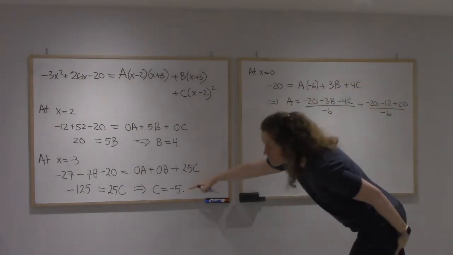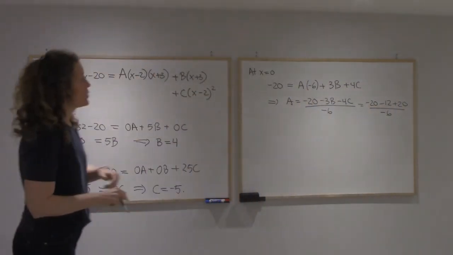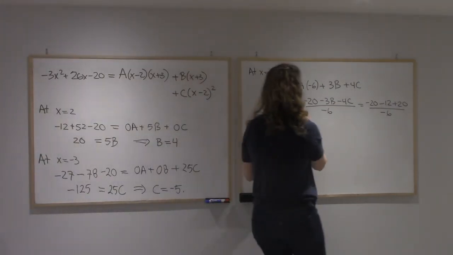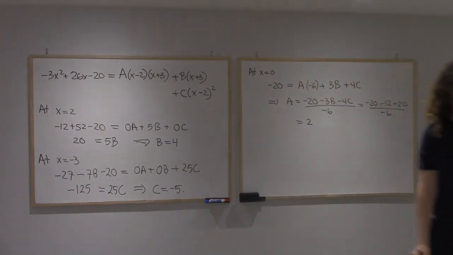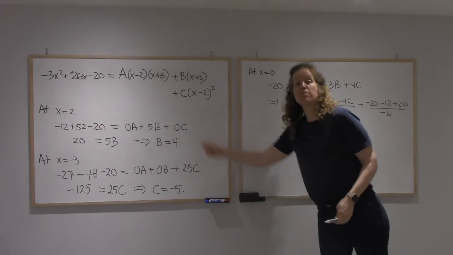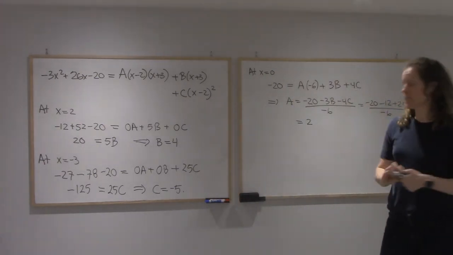That's if I plug in minus 5 for c and 4 for b. That's what I'll get. And so the 20s cancel. I'm left with a equals 2. All right, so we found a, we found b, we found c. We're ready to integrate.